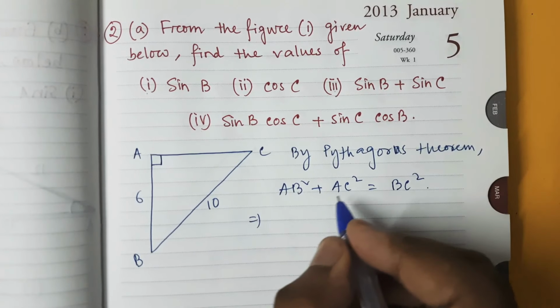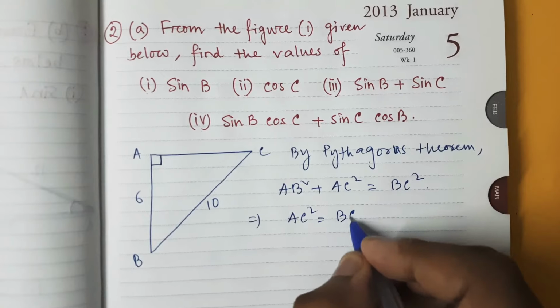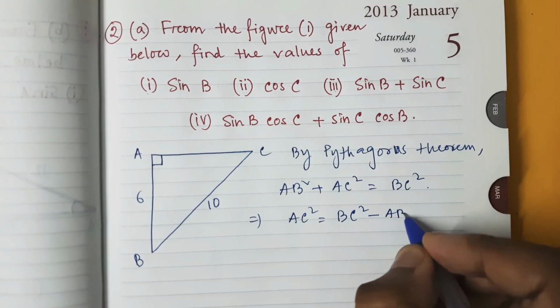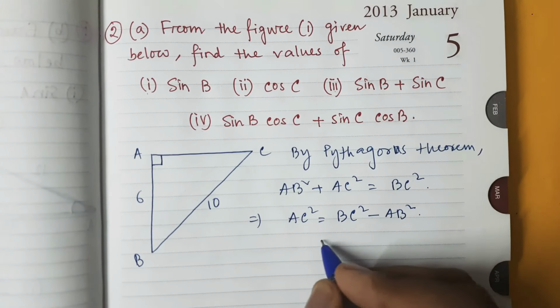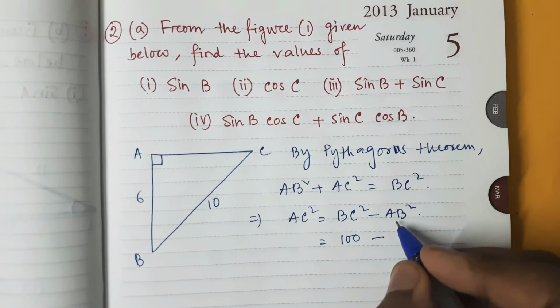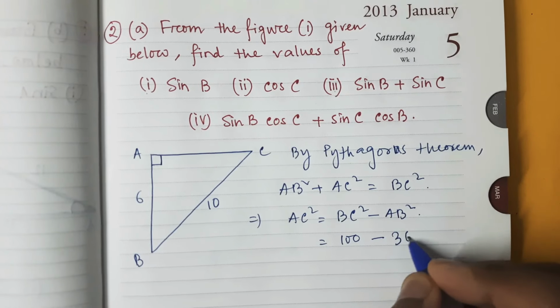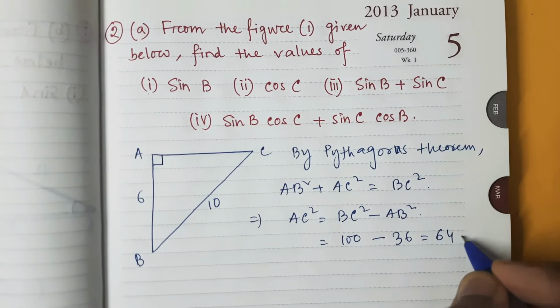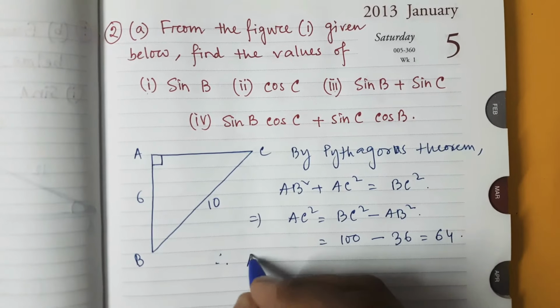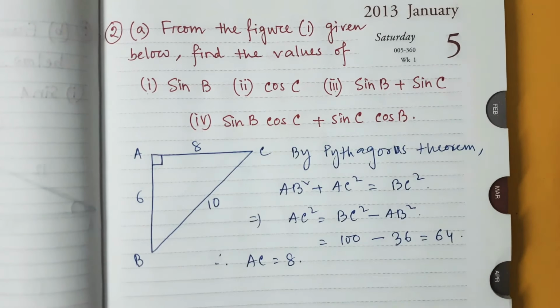So we need AC. So AC square equal to BC square minus AB square. Now what is the value of BC? It is 10. That means it will be 100, minus AB square is 6 square is 36. So ultimately it is 64. Therefore AC equal to 8. So this length is 8.